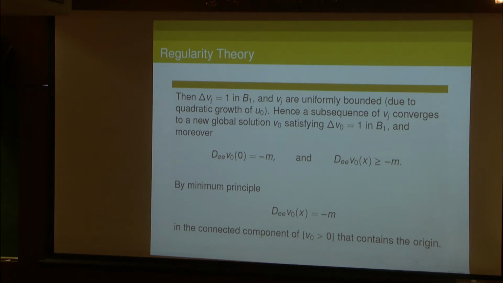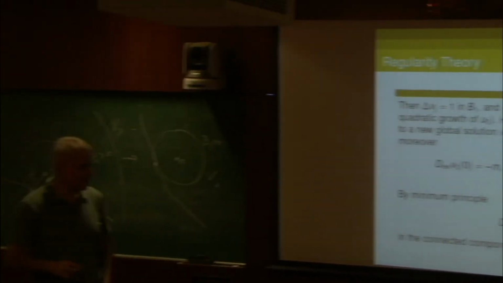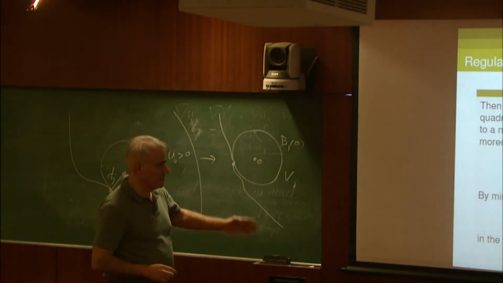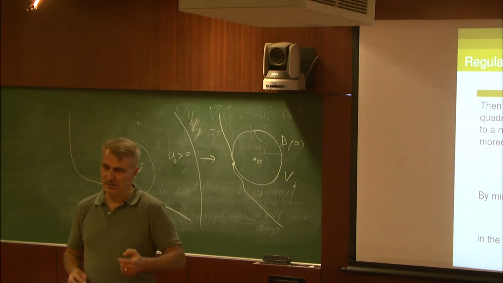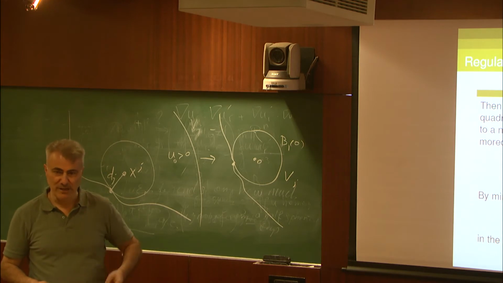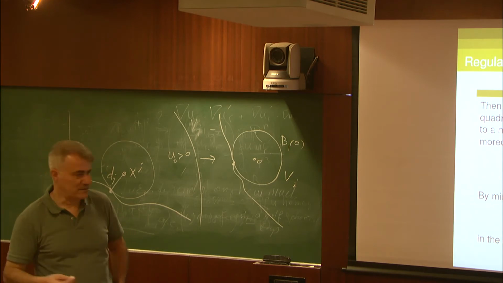By scaling, I get this one, and this is always the unit ball, which is the center. vj at 0 is like uj at the point xj, basically divided by the distance.